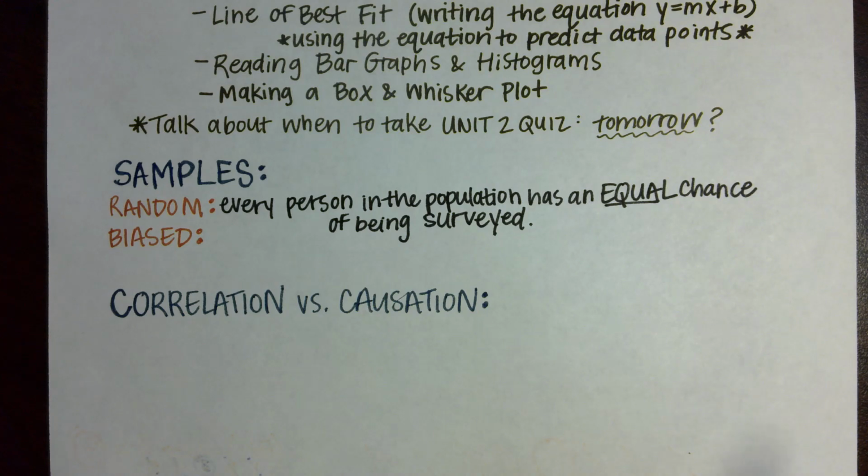So let's backtrack for a second. Erica, I bet you've got my answer. Sampling in general is whenever we're selecting a few from the population. A sample is whenever we don't collect all the data, we're just collecting some. There's random samples where every person or every piece of data has an equal chance of being picked.